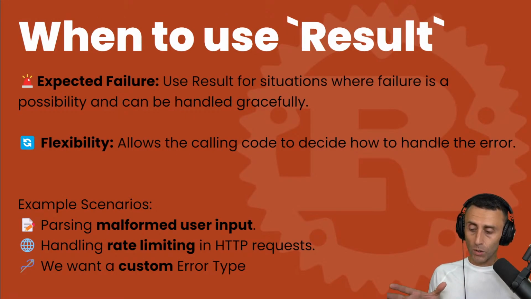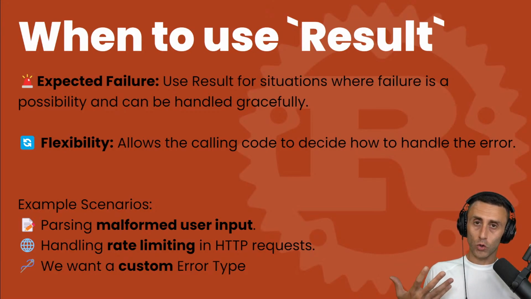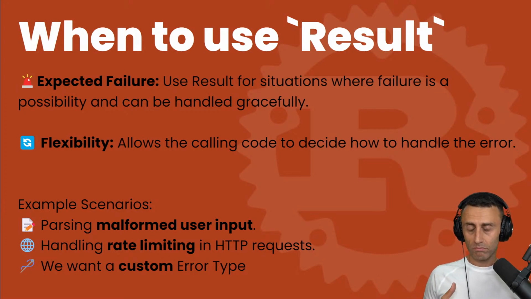And now let's see when we can use Result. Result is used to handle errors. So we want to handle errors when we have an expected failure. A clear use case is when we have HTTP requests.